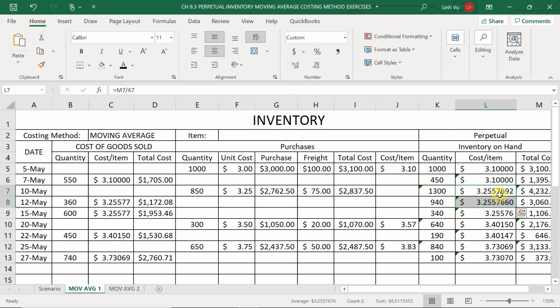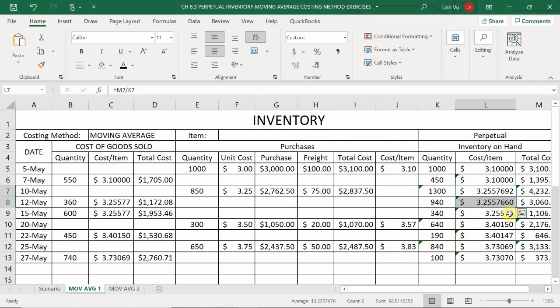This one is 0.7692, and now this is 0.7660. So they start changing, because you're taking a penny and splitting it amongst the number of quantities that you have. And you can't expect the number of quantities to be the same because you sold stuff.